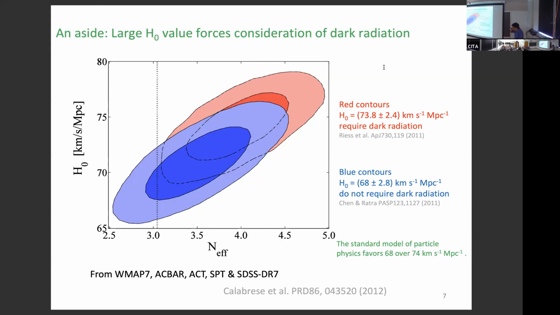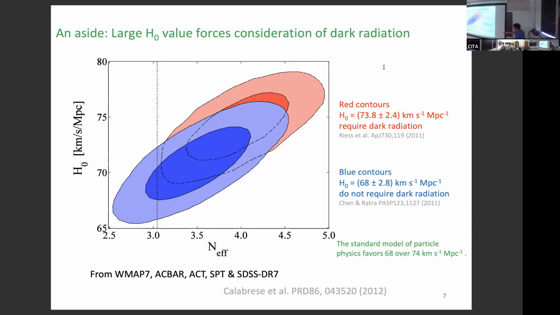This is an analysis where we marginalize over all parameters except the Hubble constant and the effective number of relativistic degrees of freedom. We're looking at earlier CMB data from WMAP, Archeops, ACT and SPT, and some galaxy clustering data from Sloan. And you can see the issue here.